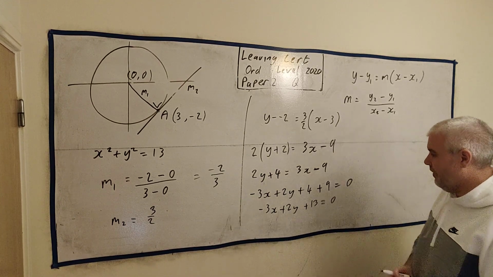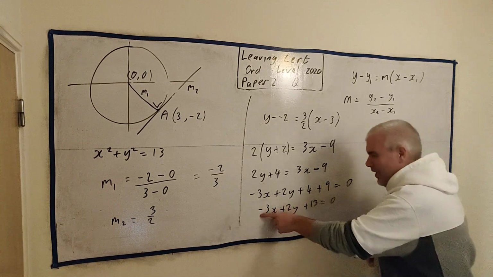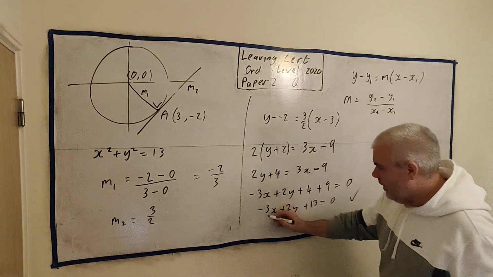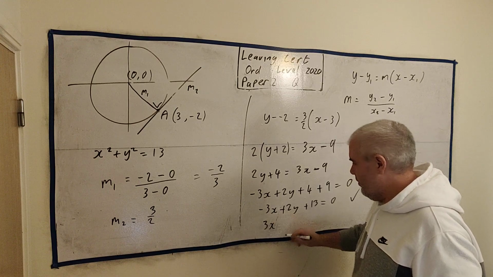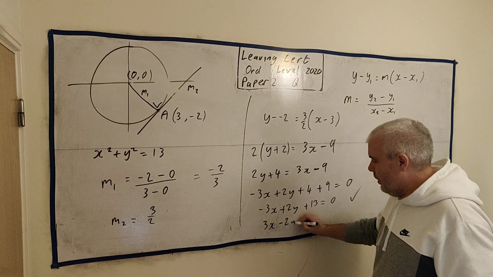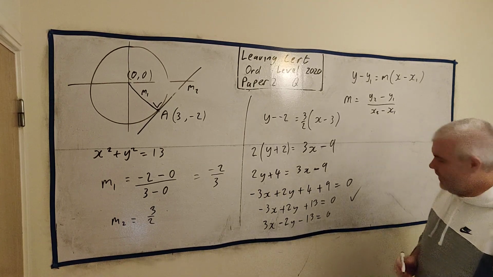That's it, that's the final answer. Well, it's one possible. I don't like leaving a minus here, but still, you'll get full marks for that. I like to leave plus 3x, but if I change one of them, I have to change everyone. So that's a minus 2y minus 13 equals 0. All right, that's the final.